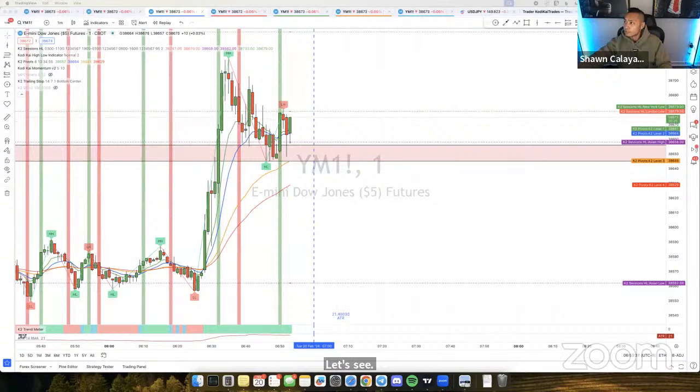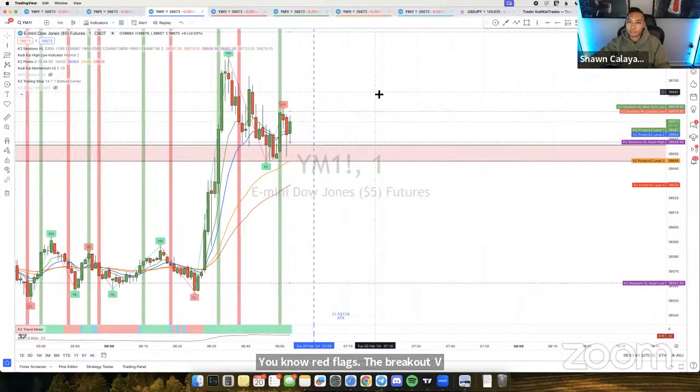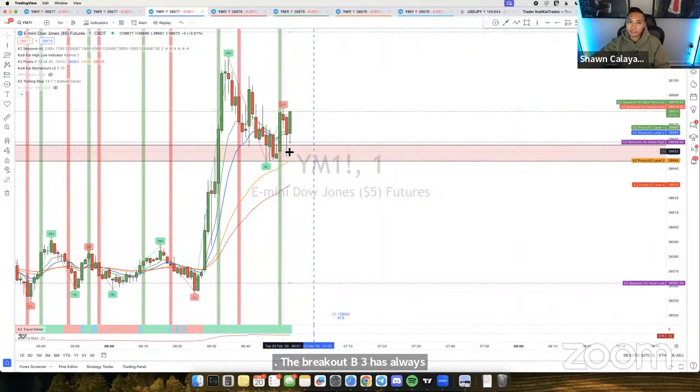Kenny said a couple weeks ago the breakout V3 had red flags. What made you change it to no red flags? The breakout V3 and the breakout V3 continuation are different, Kenny. We haven't applied the breakout V3 continuation for a really long time. So the breakout V3 has always been no restrictions. If you're applying the continuation, that's where it has restrictions.